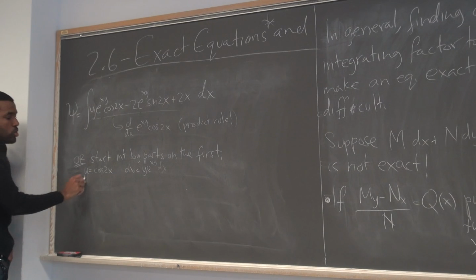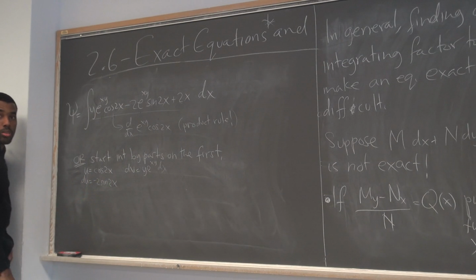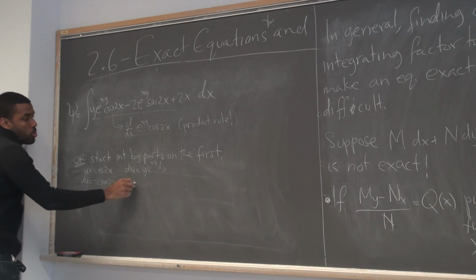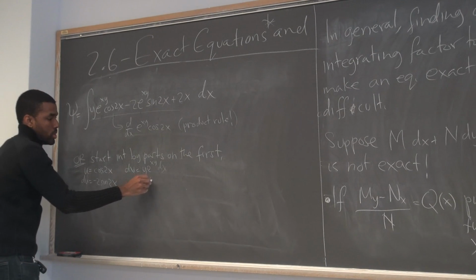So then my du would be what? Minus 2 sine 2x, right? What would the v be? Just e to the xy.